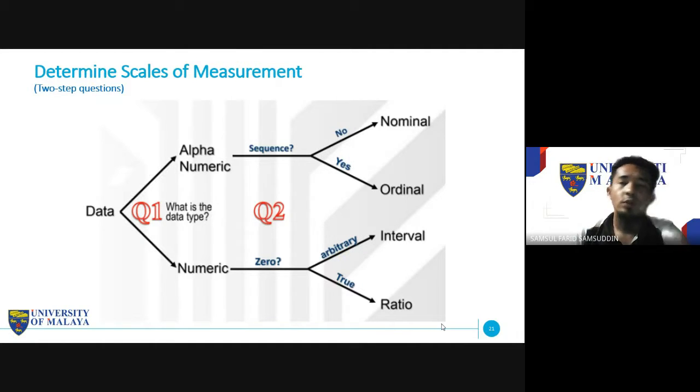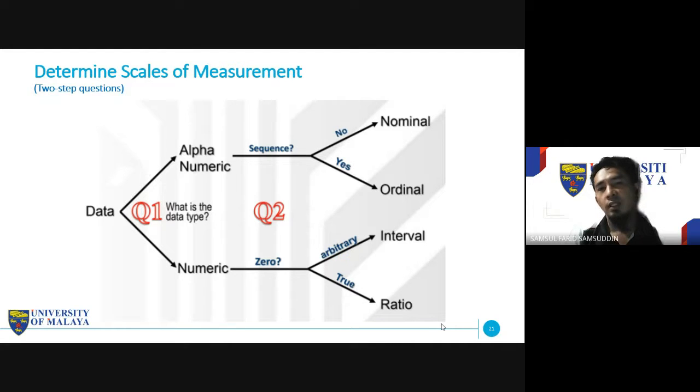If there is no sequence, it means nominal. For example, alphanumeric with no sequence, gender. So male, female. You can consider this as nominal because there is no sequence between gender. And if it is alphanumeric for question number 1, the second question, is there any sequence? If there is a sequence, it will fall under ordinal.